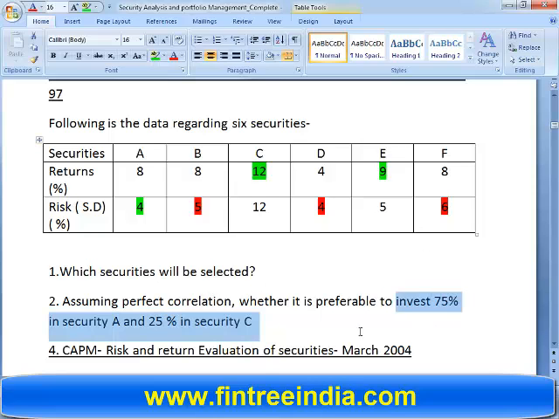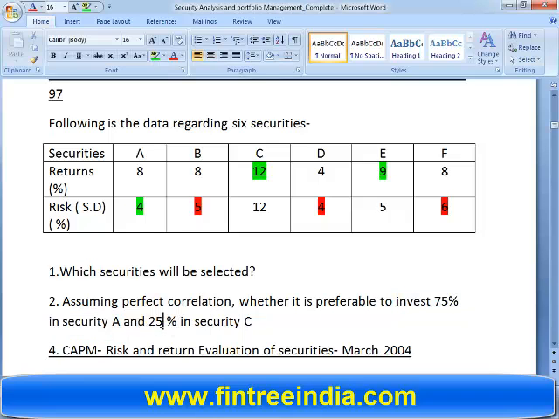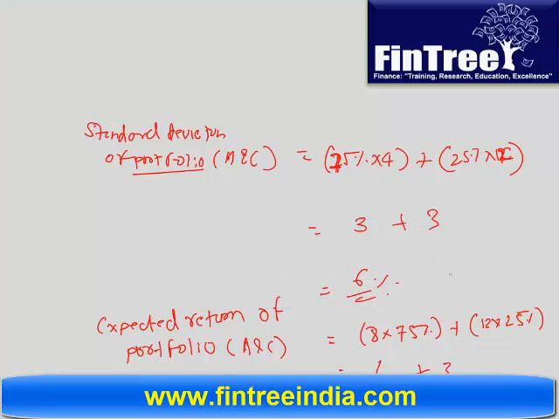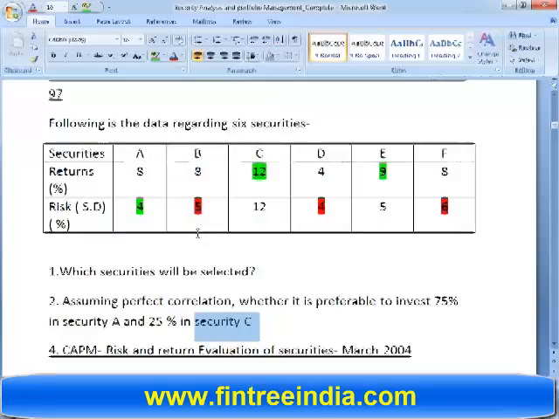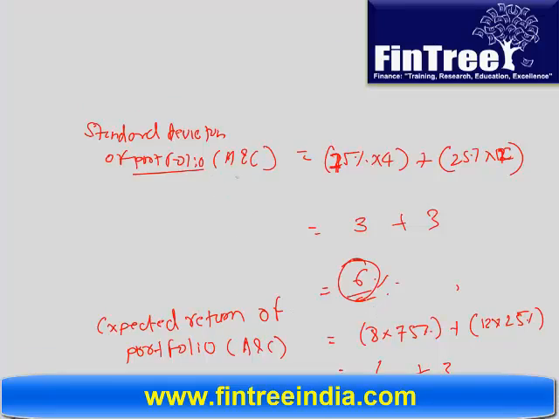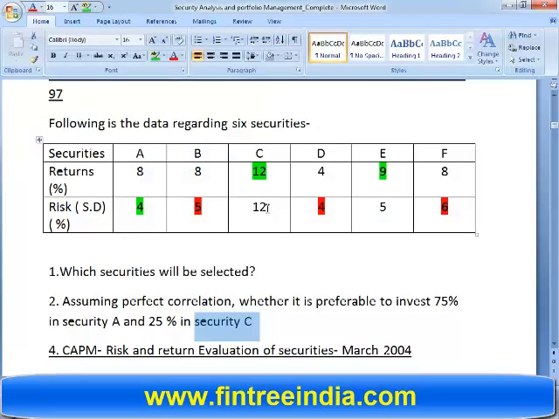How much have we invested in security A? And 25% security C. So we're simply using a weighted average. So once you have this 6 and 9, then we want to compare this with our table. So first we will compare, is there a portfolio which has got risk of 6? So we have a portfolio of F which has got risk of 6, isn't it?